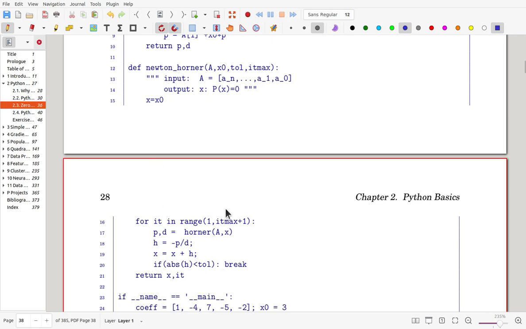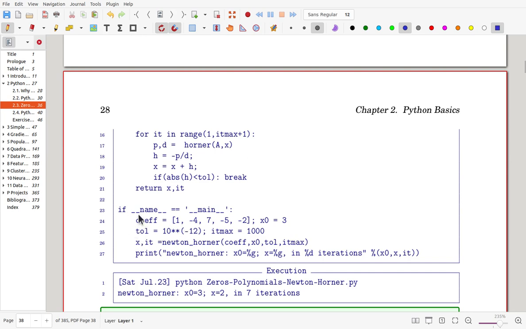Okay, that's two functions, and now we call them in this way. We collect the coefficients, and x0 is 3, near around the zero we want to find, and the tolerance is 10 to the minus 12. You can write this one, for instance, rather than this way, 1e minus 12.